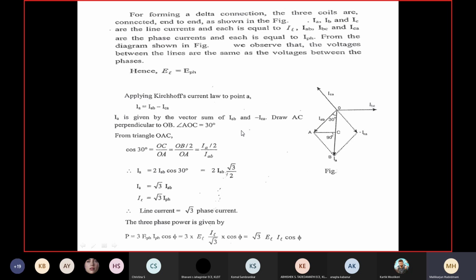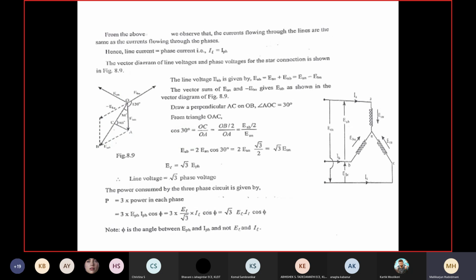IA equal to, this 2 comes to the denominator, into IAB. This side if we transfer it becomes 2 IAB cos 30. If I apply what is cos 30 over here, root 3 by 2, then if I simplify it, I will be getting IA equal to root 3 IAB. It is the usual derivation what we saw here.